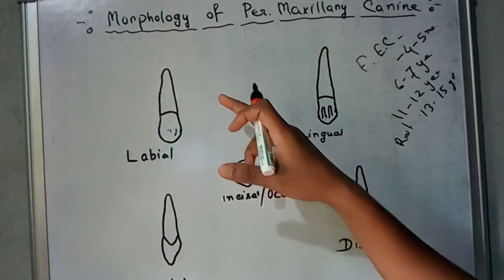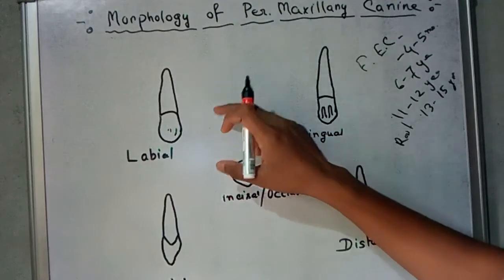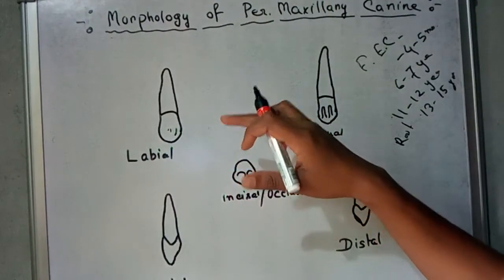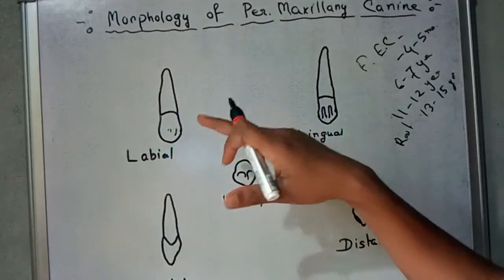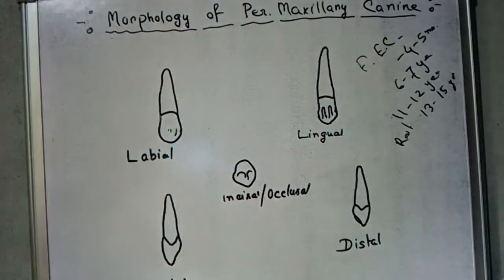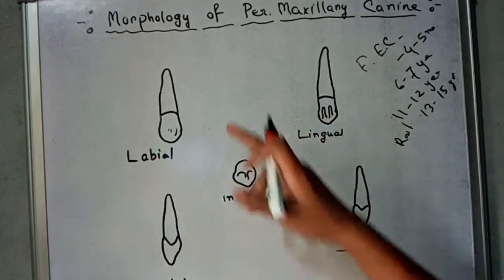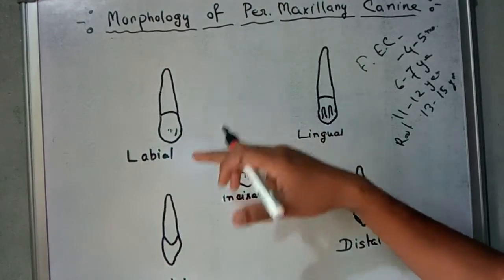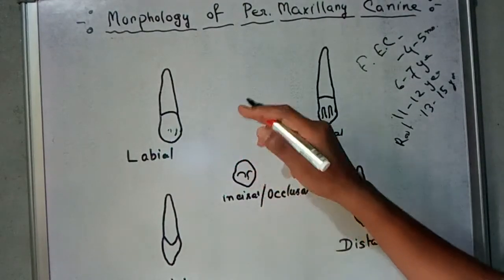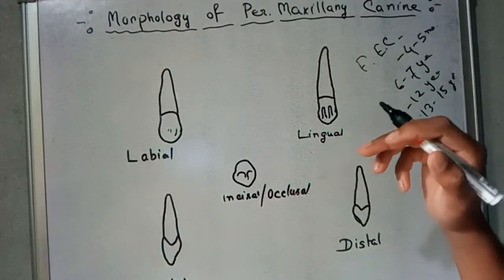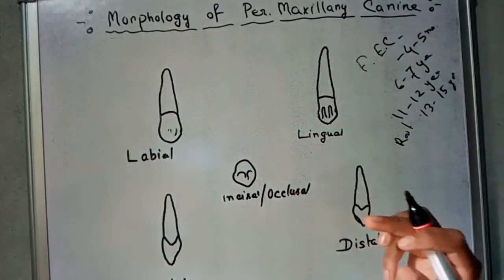The mesial outline is usually convex and rounded, and the mesio-incisal angle is rounded. The distal margin is shorter than the mesial margin and also has a more rounded incisal angle.